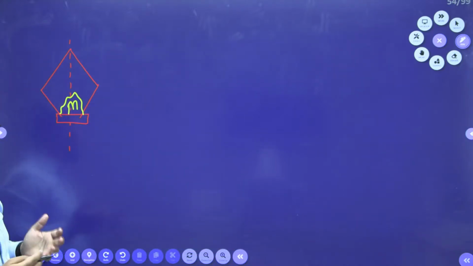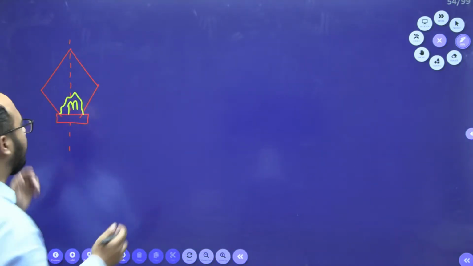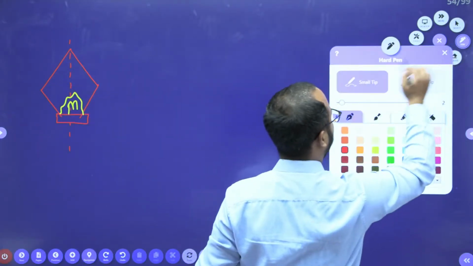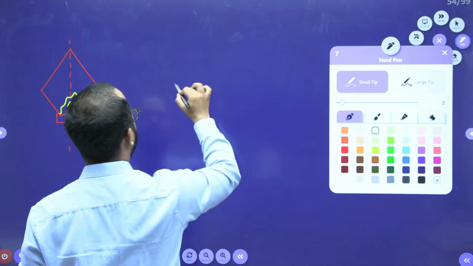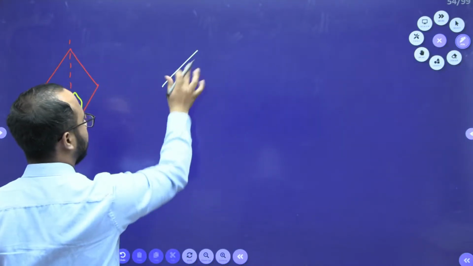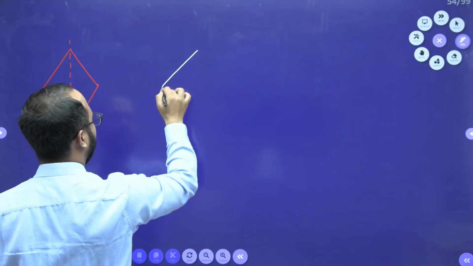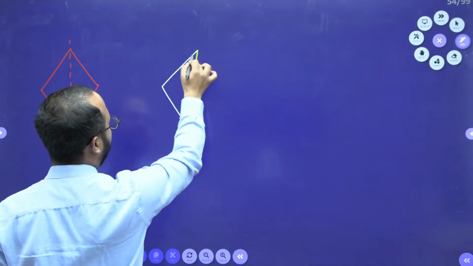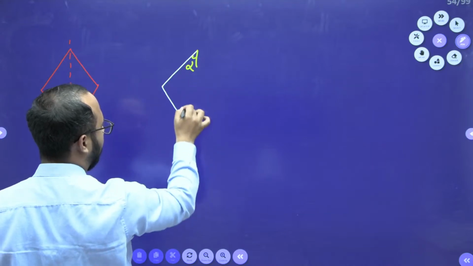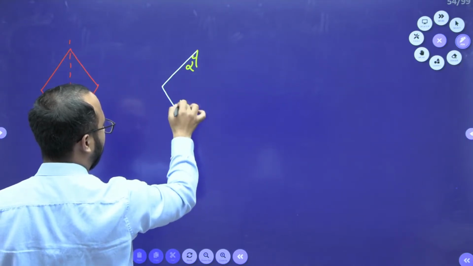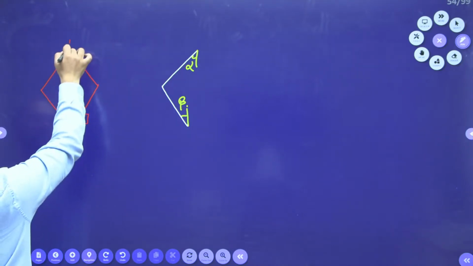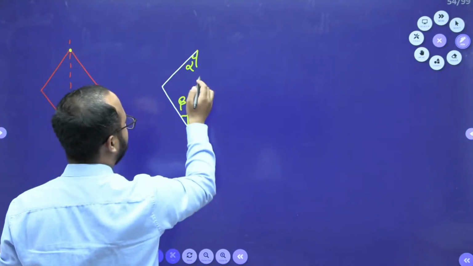Now during the analysis, I will consider the half part only. So it is like this. This is the upper arm, lower arm, like this. Obviously it has some angle alpha here, and it has some angle beta. Now you should understand this, this point and this point are not in the same line, right?